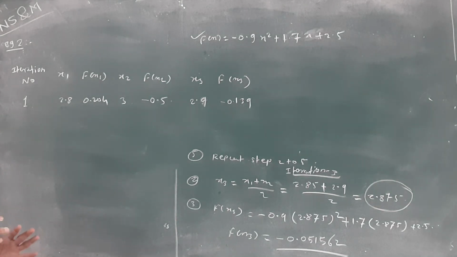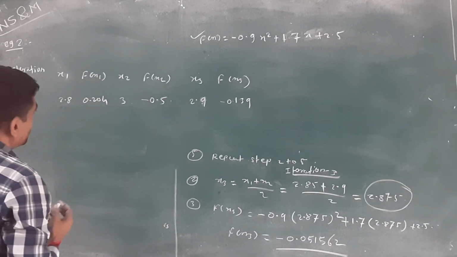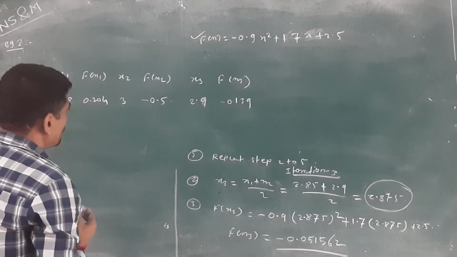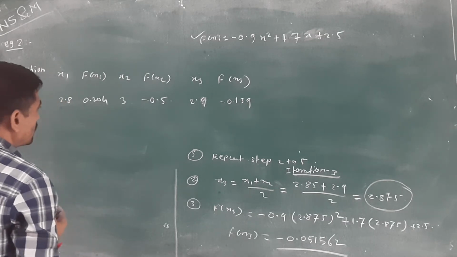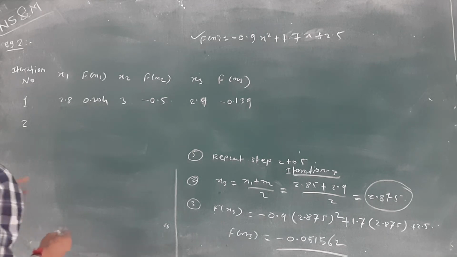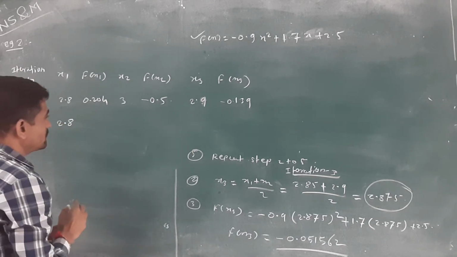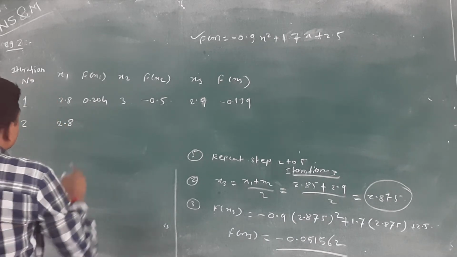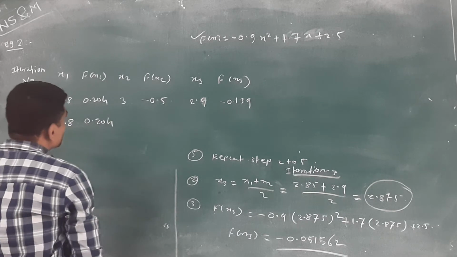Are all of you getting how to make this table? Then tell me the second iteration. In step number 4, we check for the same sign. Here x1 is the same, 2.8, so f of x1 will again be the same, 0.204.